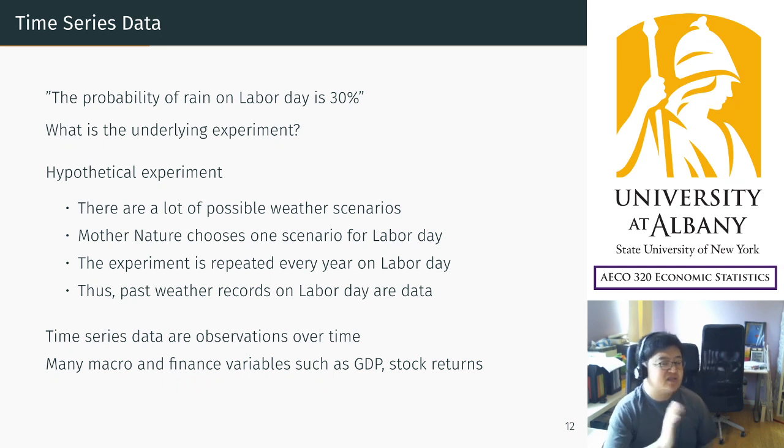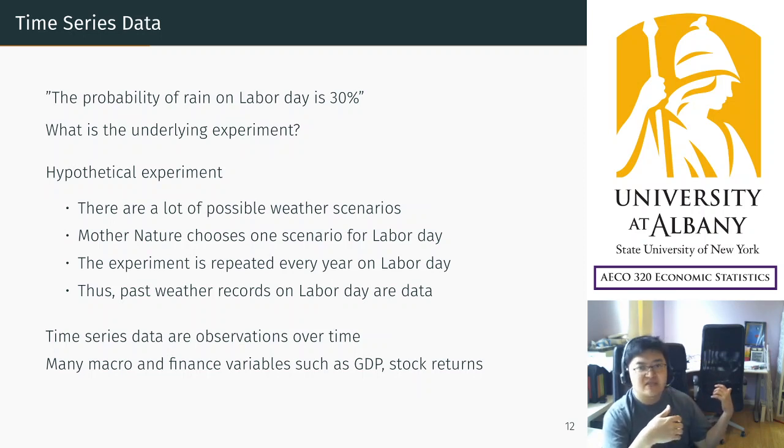And by the way, these kinds of data are called time series. Time series data are observations over time, and this type of data is particularly important and common in macroeconomics or financial economics, like GDP. The GDP growth rate is observed for the past 70 years. Then we have to understand it as the experiment being repeated 70 times.